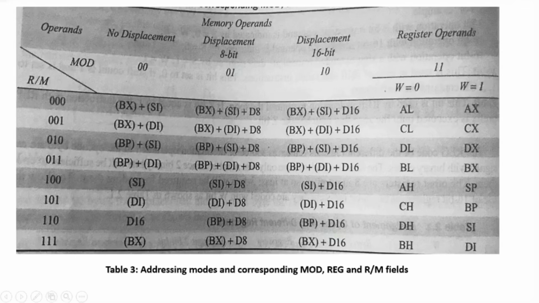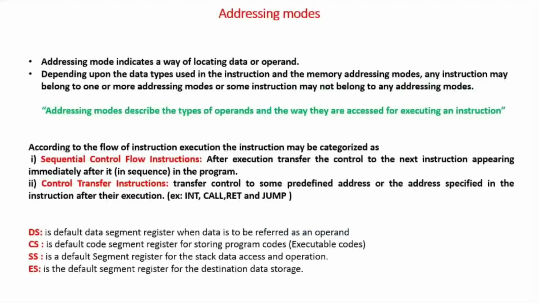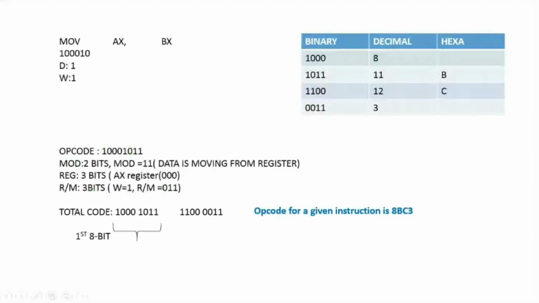Yeah, BX is here. And the corresponding value of R/M is 011. So 011 is the R/M value and MOD is 11, W is equal to 1 and the register is BX. So the R/M value is 011. Now put 011 here.